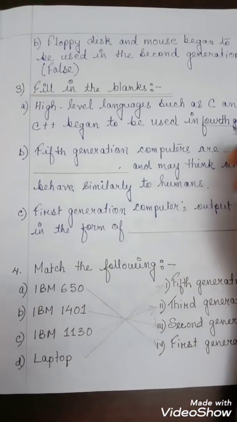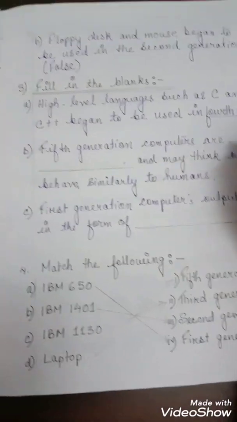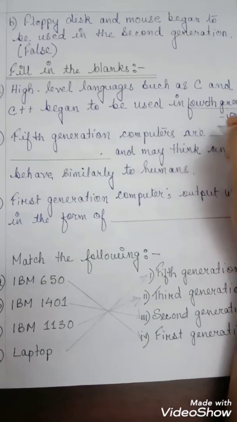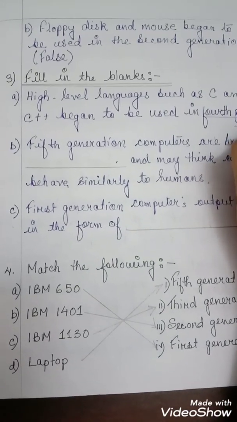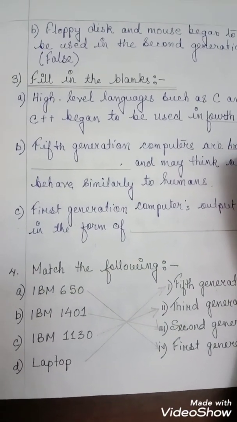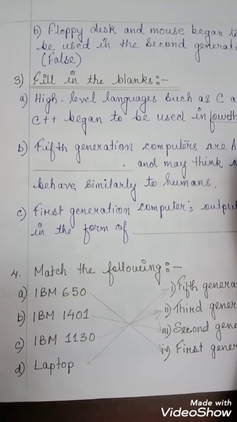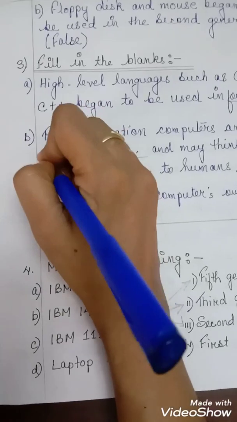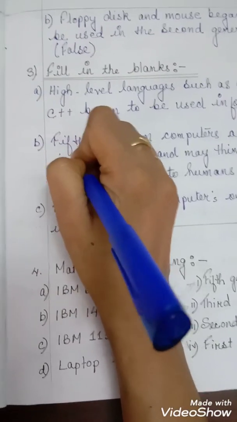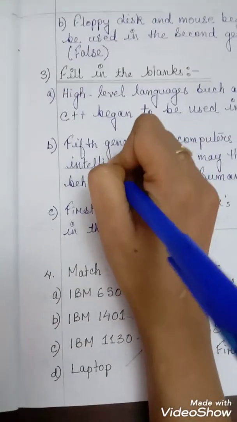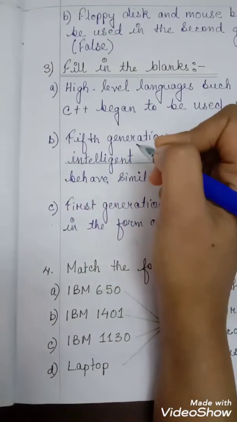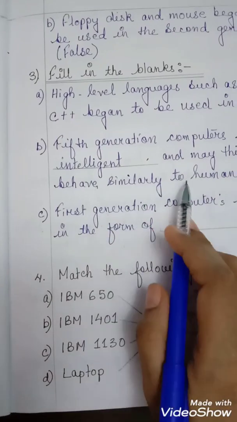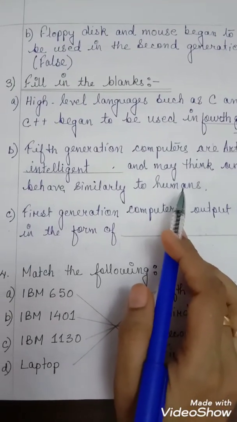The answer is artificially intelligent. You have to write here artificially intelligent, and may think and behave similarly to humans.